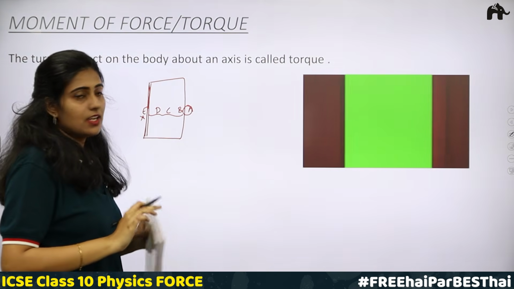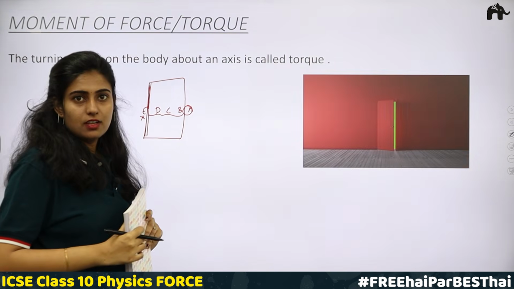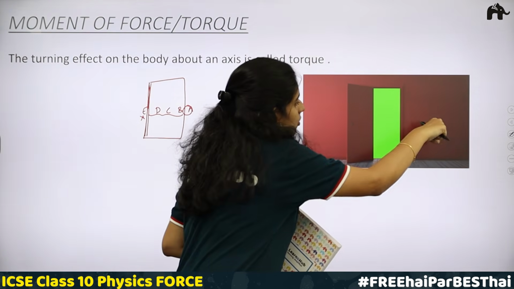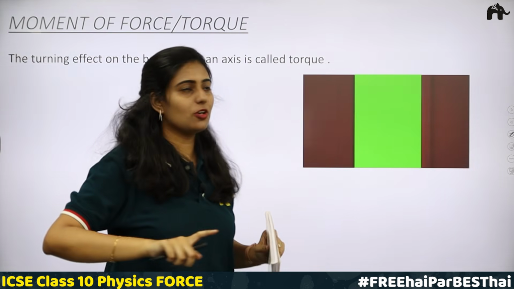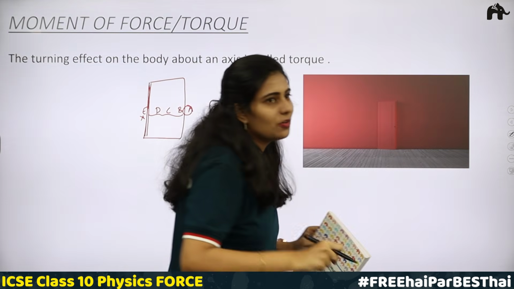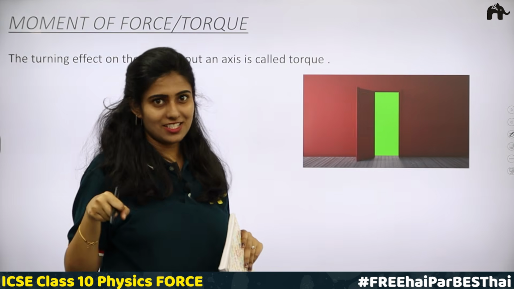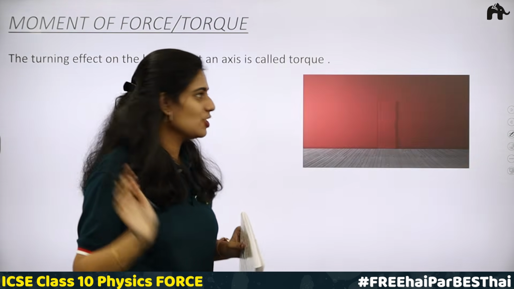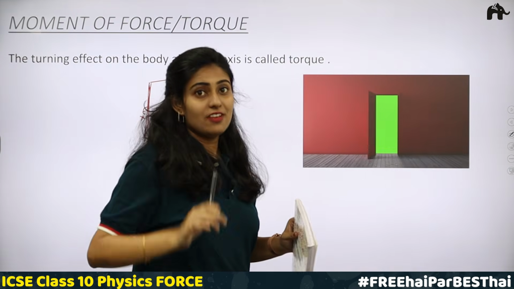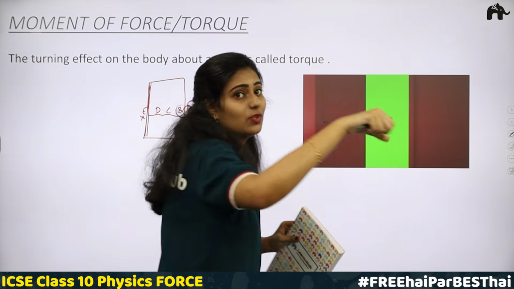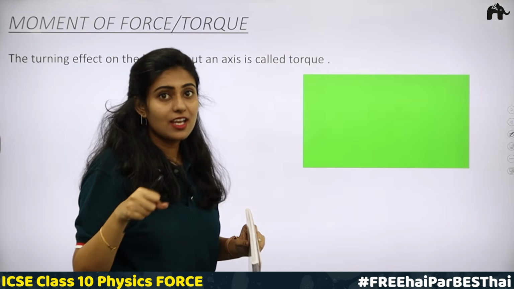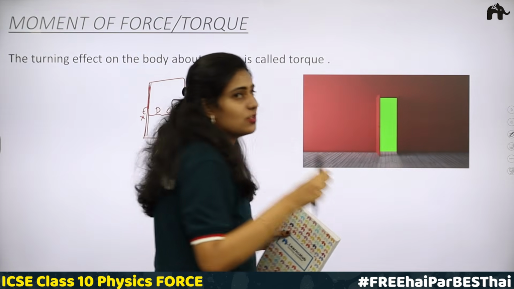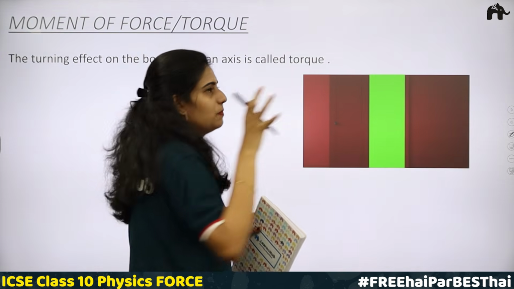This is the same case with the door. Why do we always go and hold the handle? Because your parents have taught you, when you open a door, you should catch the handle and pull it or push it. Is it the reason? Now you can teach your parents why we are doing like this. When you hold your handle, what happens? You can apply small force and open the door.